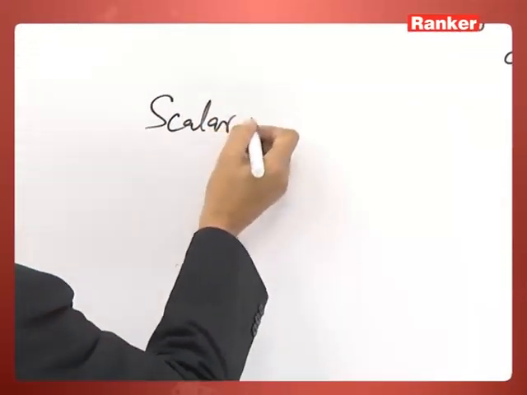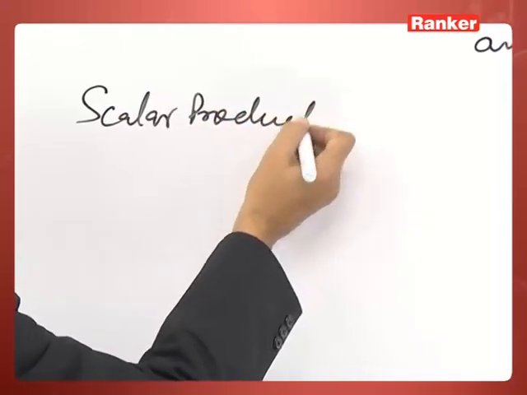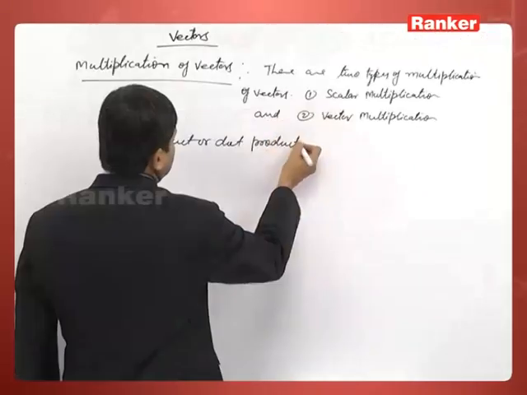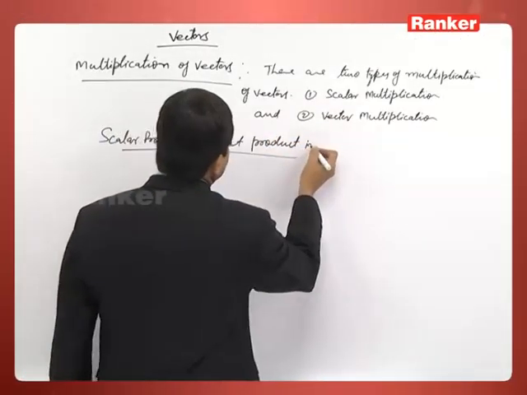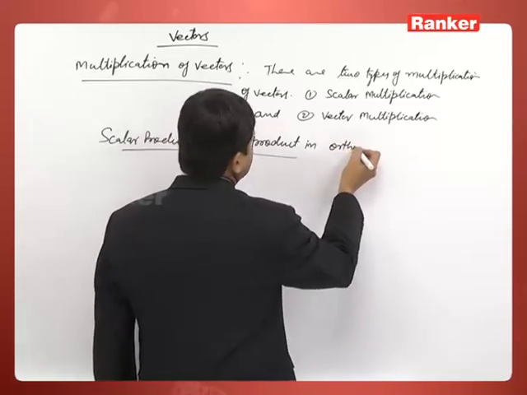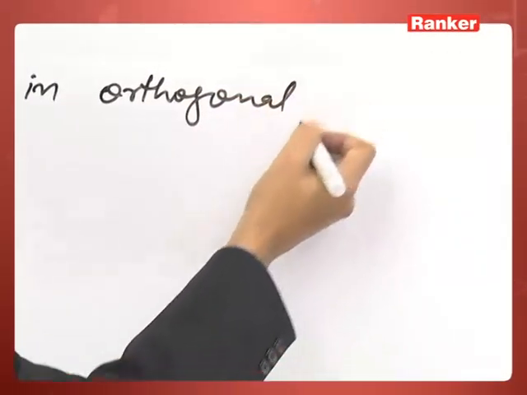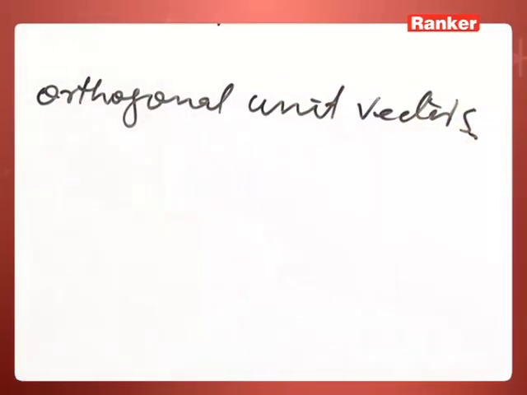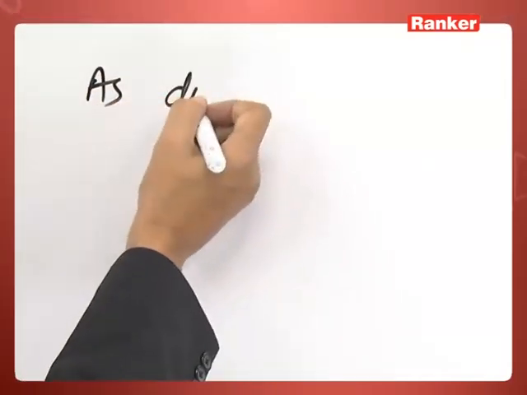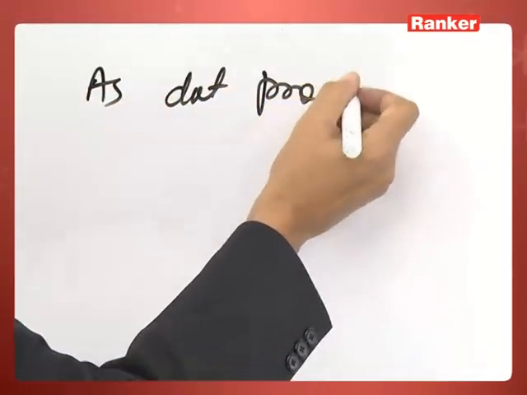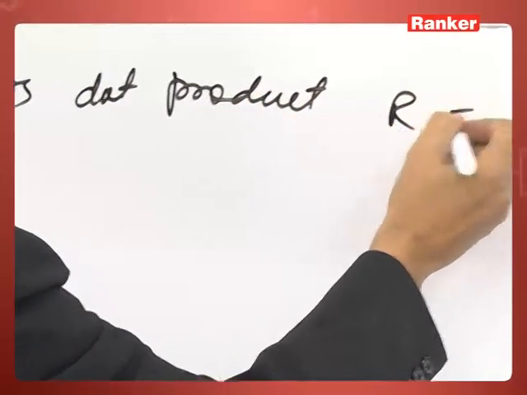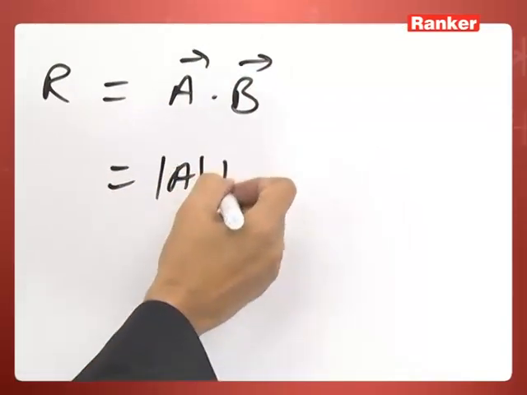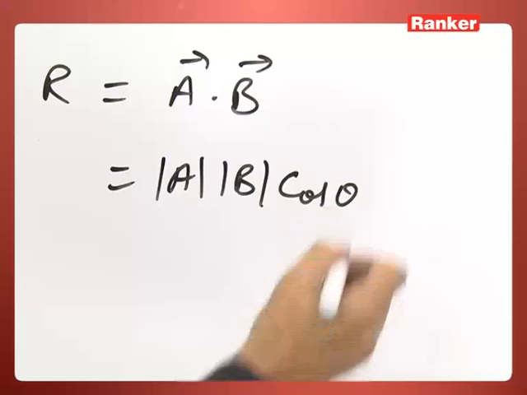Now scalar product, or dot product, in orthogonal unit vector form. Dot product R is written as A dot B or mod A mod B cos theta.